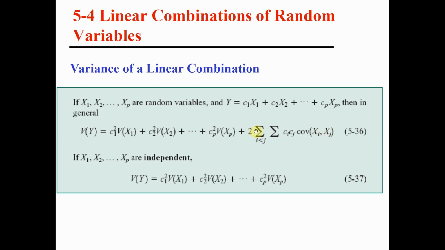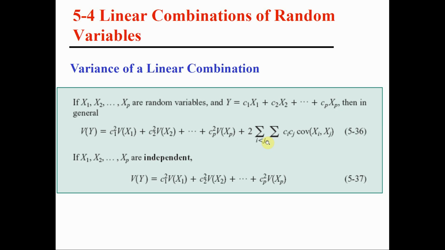But each term is multiplied by 2 simply because we are not repeating. If we include x1 and x2, we don't have to include x2 and x1 because it's exactly the same. That's why we have 2. So basically, we are adding the covariances between all the pairs. So we have a double summation for i and j so that i is less than j.